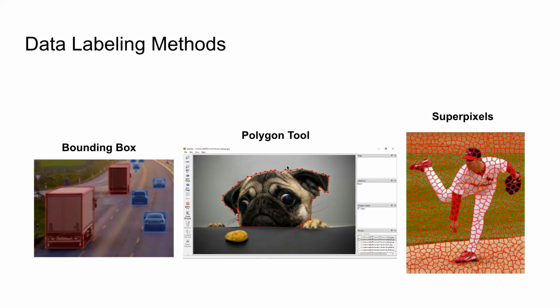So bounding boxes are good enough for some quick object detection, but if you need something a little bit more precise, polygon tools allow for finer segmentation of the object from the background. But doing it that way would be a lot more time consuming.